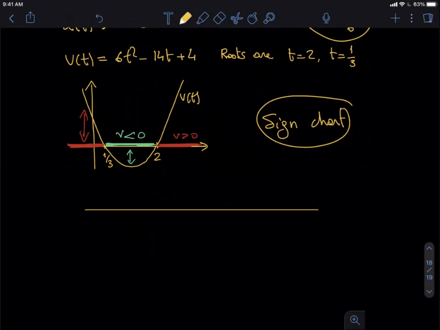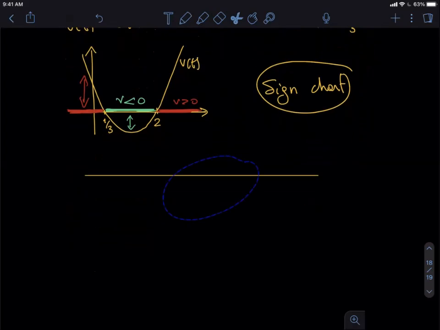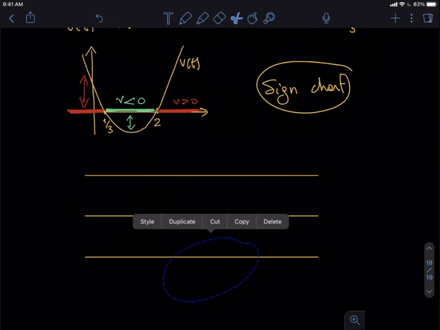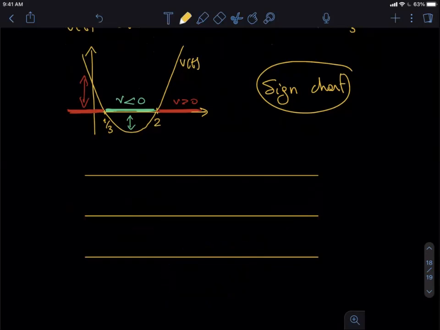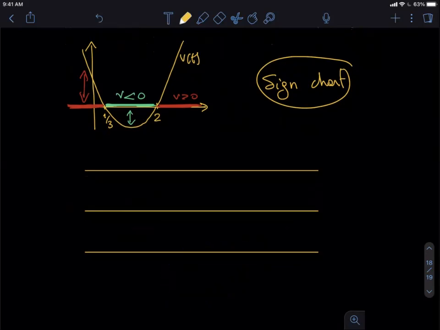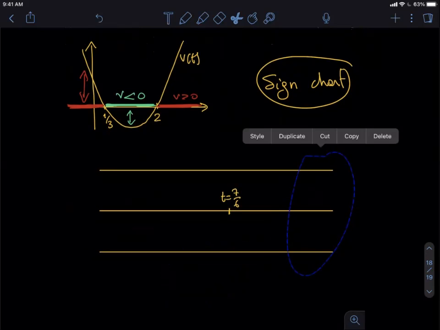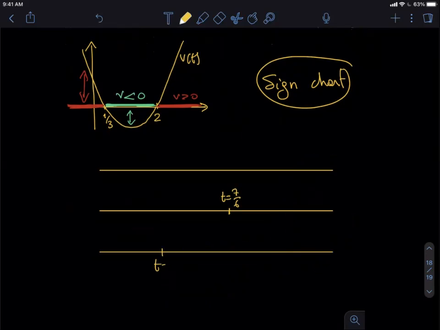So here, what we are going to do, we are going to plot 3 lines, one for a, one for v, and one for the two of them. So here I'm going to plot t equal 7/6. That's one of the important numbers. The other one is t equal 1/3, and the other one is t equal 2.